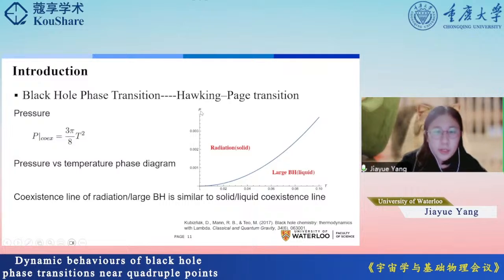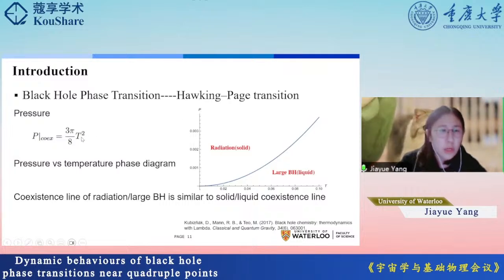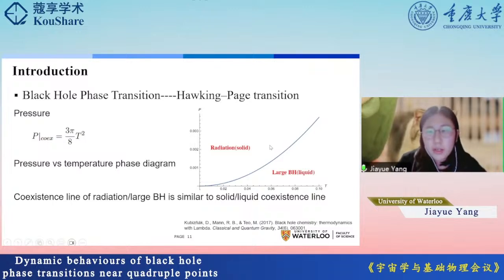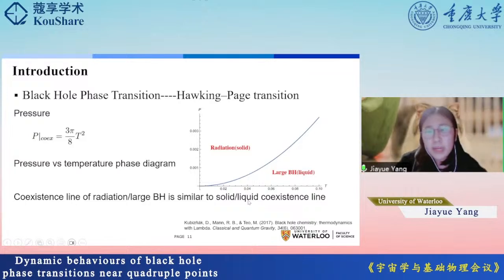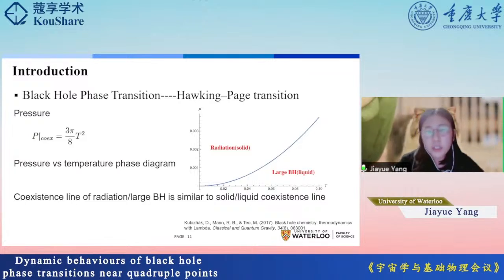So the pressure P is a quadratic function of the temperature, and it has no terminating end point. So it is very similar to what we know in the solid-liquid phase transition. So we can make an analogy that the large black hole is liquid and the radiation is the solid phase. This is just an analogy between the chemical system and the black hole system.